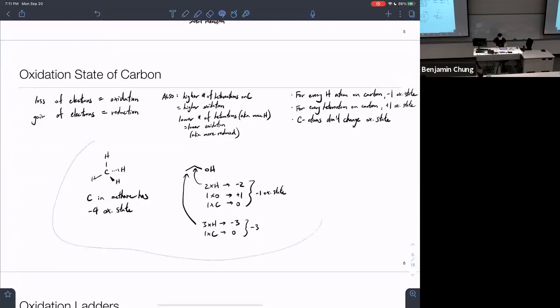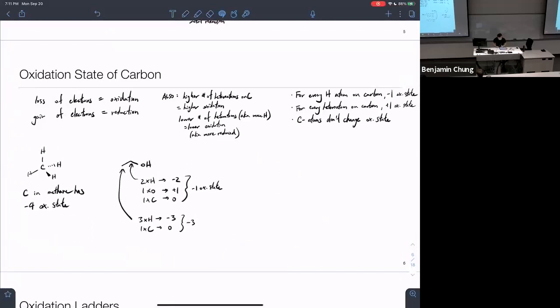Just going to move everything aside a little bit. I'm going to go through all the oxidation states of carbon. So we have our aldehyde there. Just going to focus on this carbon. We have 1 hydrogen right there.